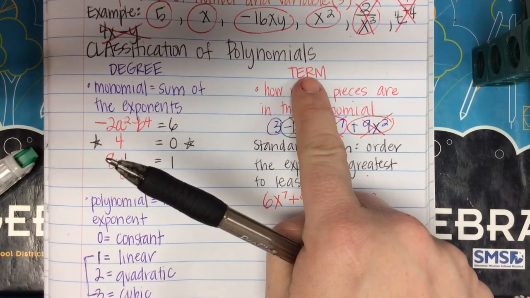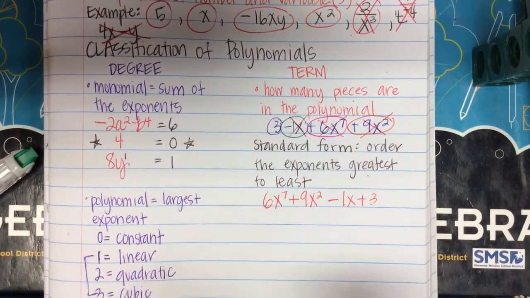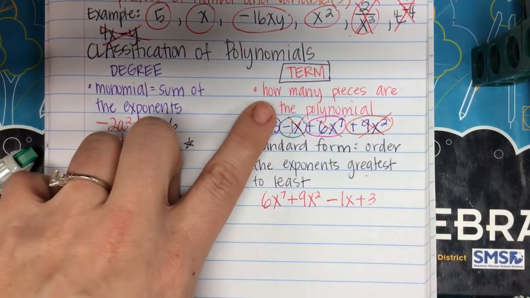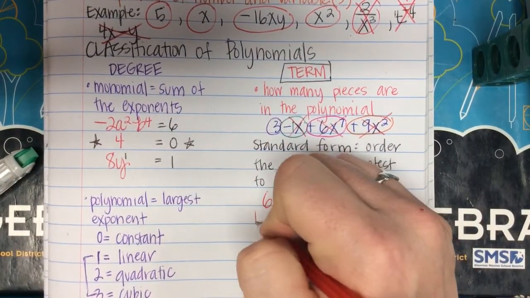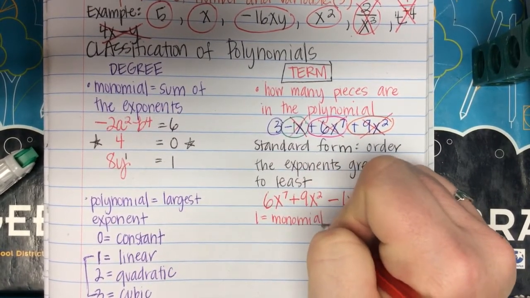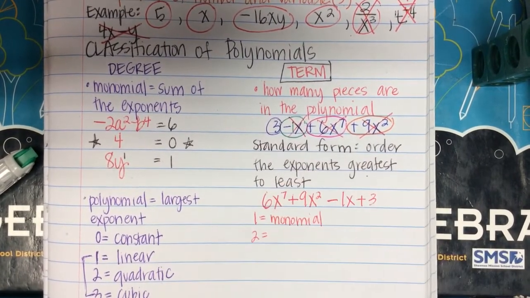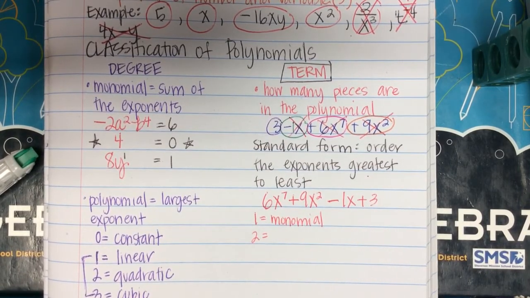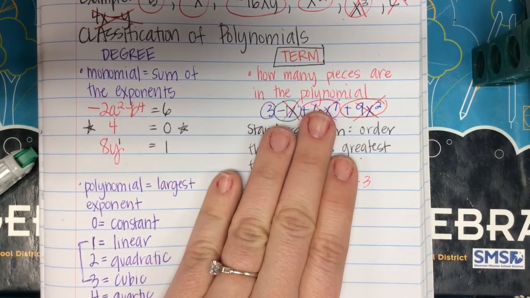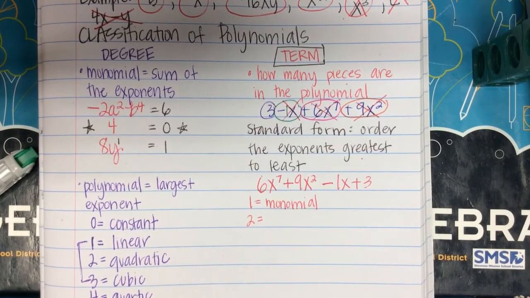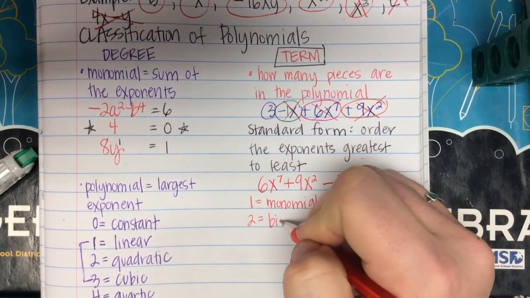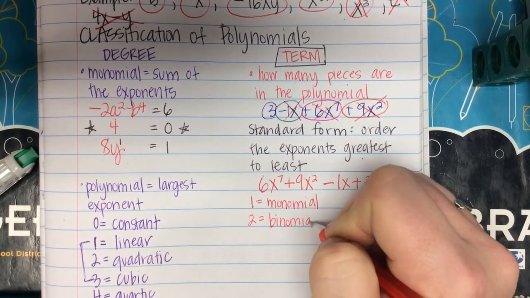So let's talk terms. If it has 1 term, it's called a monomial. If it was just 3, we'd call that a monomial. If it has 2 terms, it's called a binomial.